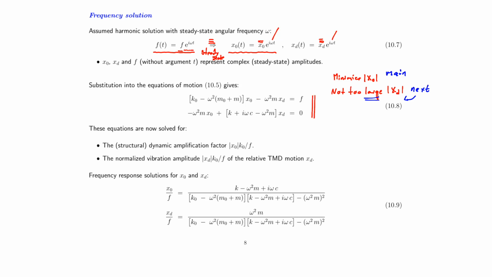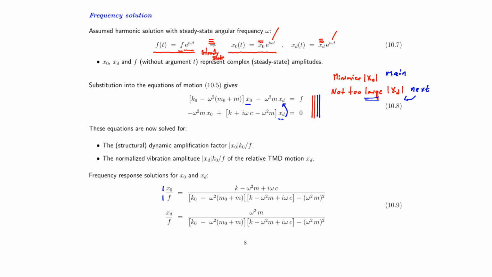Now that means from these two equations of motion here in 10.8, we need to isolate x0. So one way to do that is to find xd from the second equation, eliminate xd in the upper equation by this expression, and that means in the upper expression we then only have x0 and f as variables.